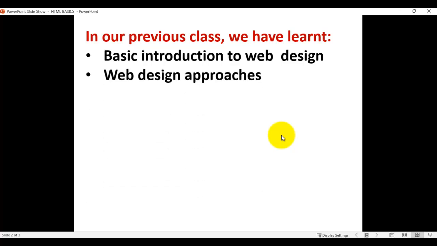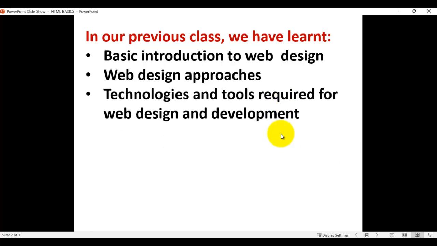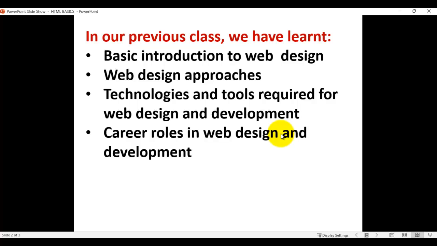Then we looked at web design approaches like using online tools called website builders or CMS, or using the core technologies. So we were able to explore the technologies and tools required for web design and development. Then I talked about the career roles in web design and development, like becoming a web designer or a developer, or front-end developer, back-end developer or full-stack developer. I talked about those things.